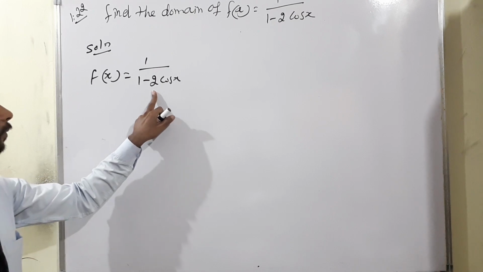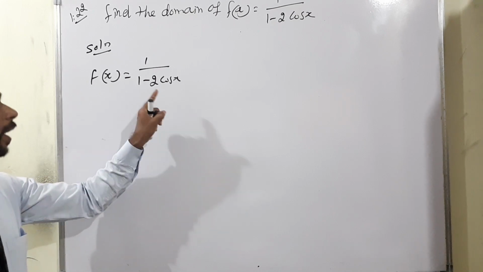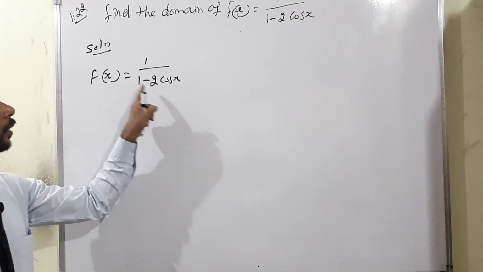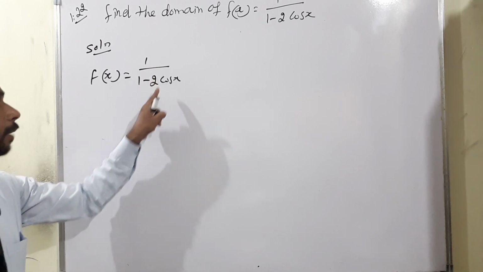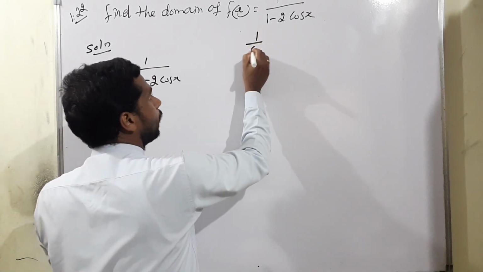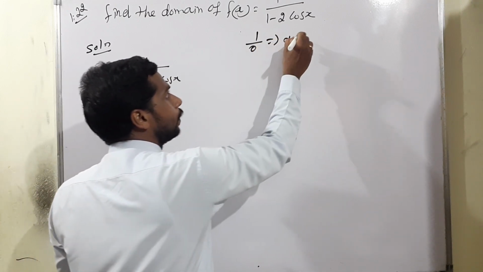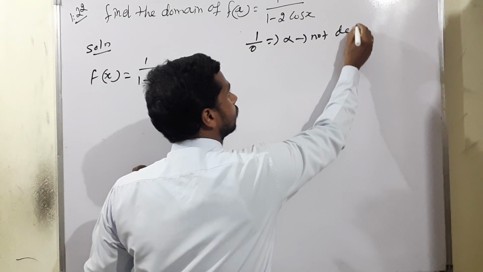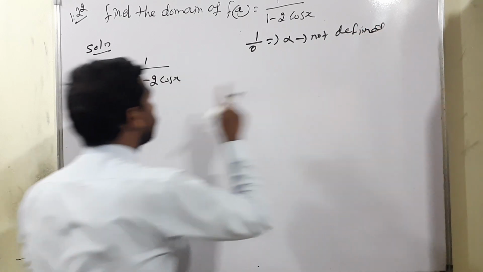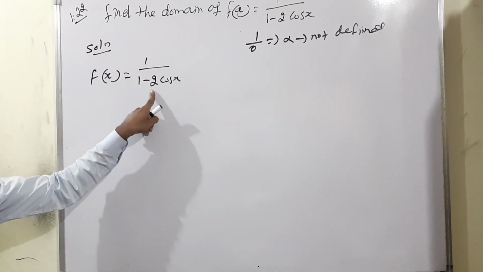Why am I saying it's not equal to 0? If you divide by 0, 1 by 0, what will the output be? It's infinity. If the result is infinity, it is definitely not defined, isn't it? That's why all the real values are possible except 0 in the denominator.